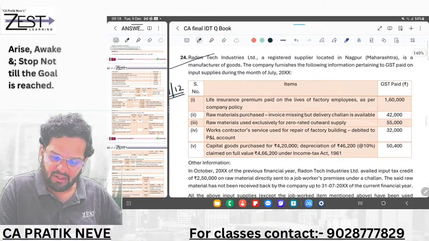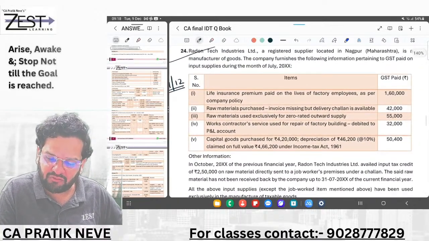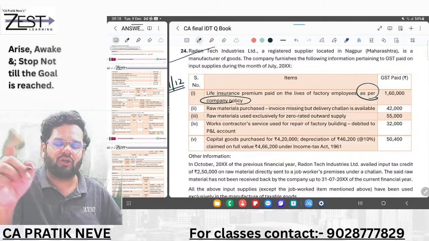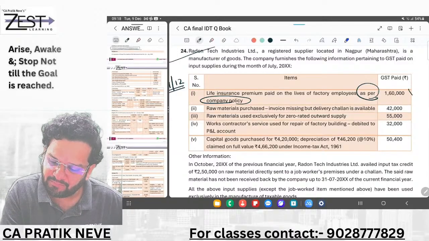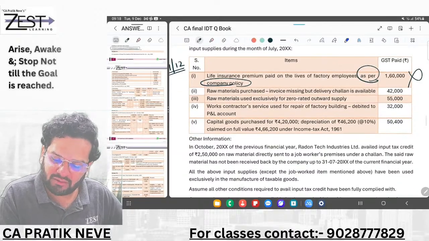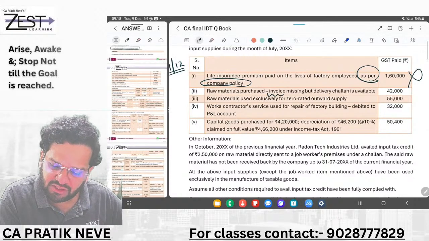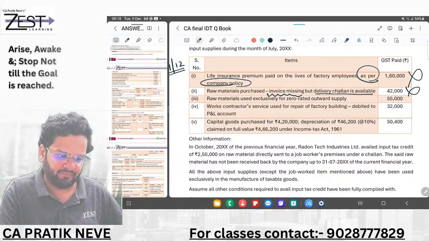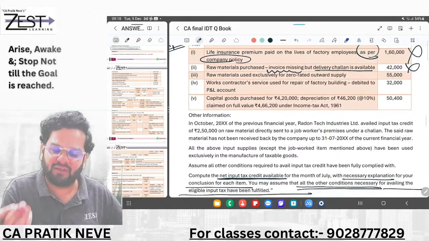Life insurance premium paid on the life of factory employees is as per company policy, not obligatory, not mandatory. So no ITC. Raw material purchased, invoice is missing, but delivery challan is available. No ITC. It's necessary to have the invoice.